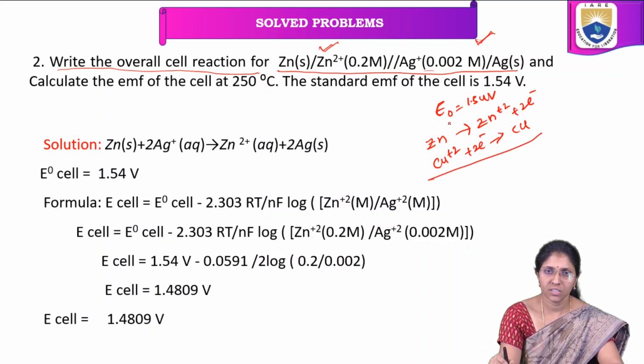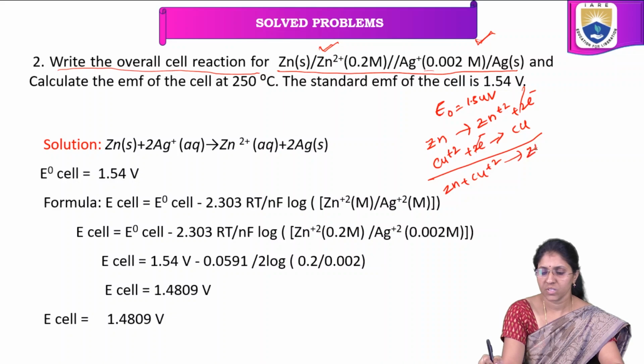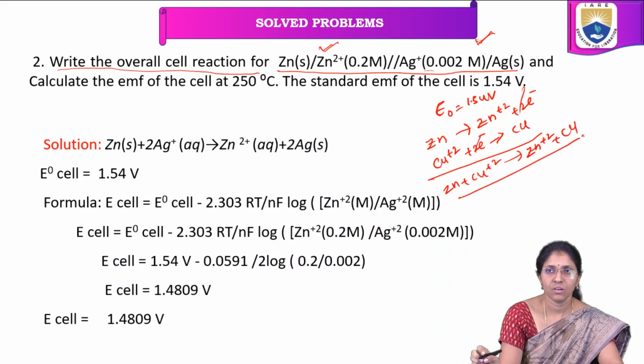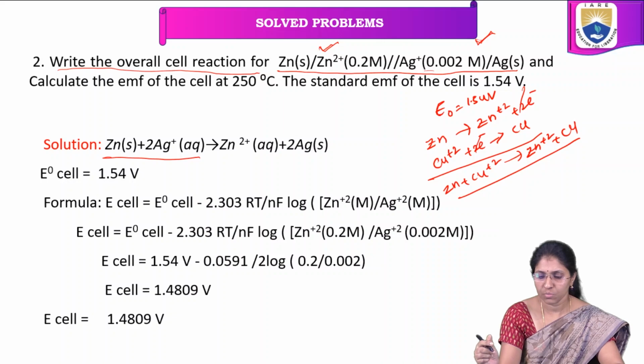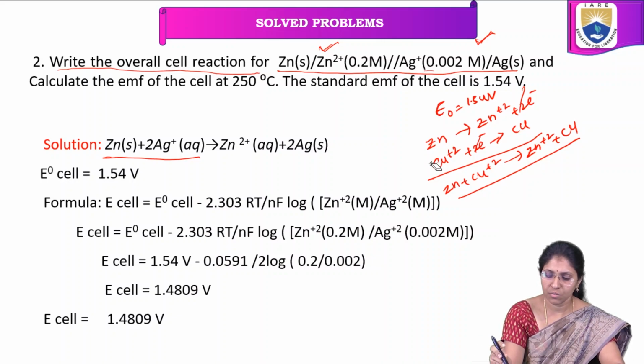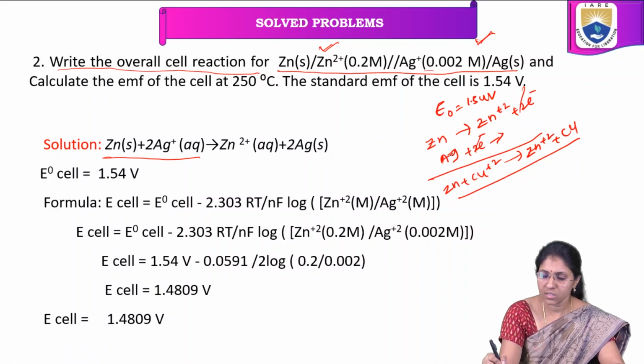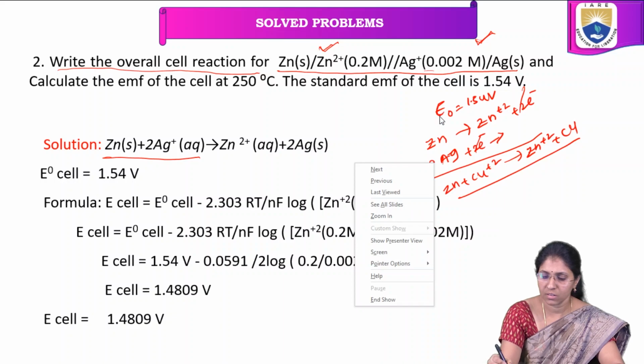By combining these two reactions, we get the overall reaction: zinc plus copper 2+ gives zinc 2+ plus copper. Sorry, here in place of copper, this is not copper, this is silver.